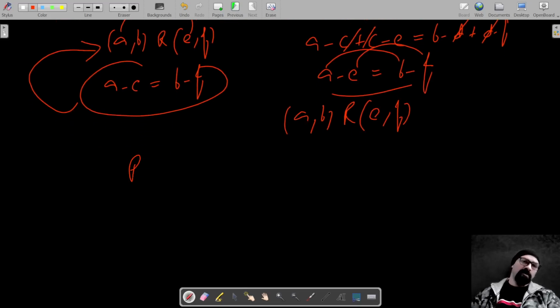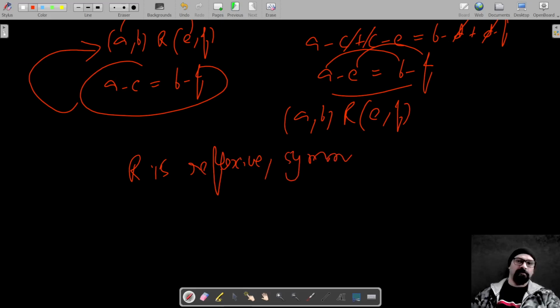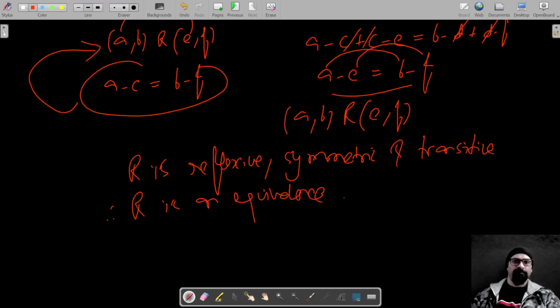So that means R is reflexive, symmetric, and transitive. Therefore, this relation is an equivalence relation.